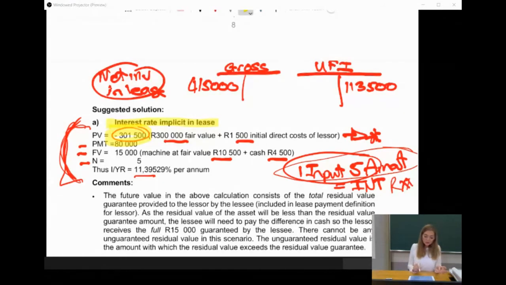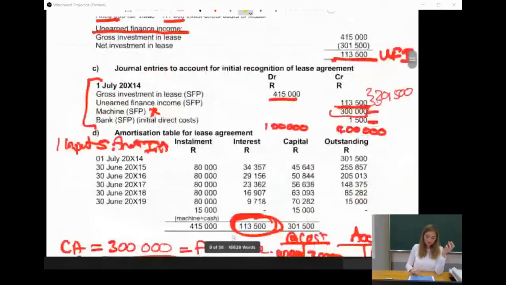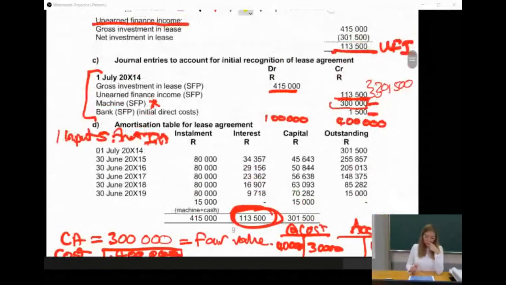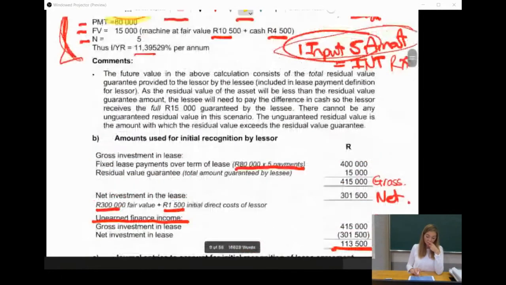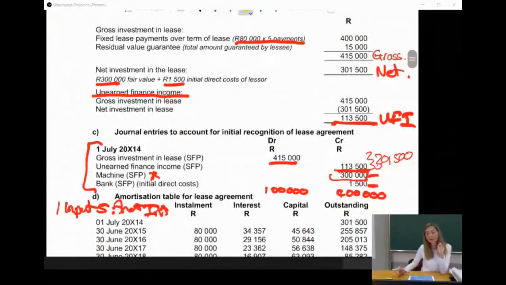So therefore, if there was a deposit paid, then what happens on day one is we'll only take into account, let me just think about this a little bit.